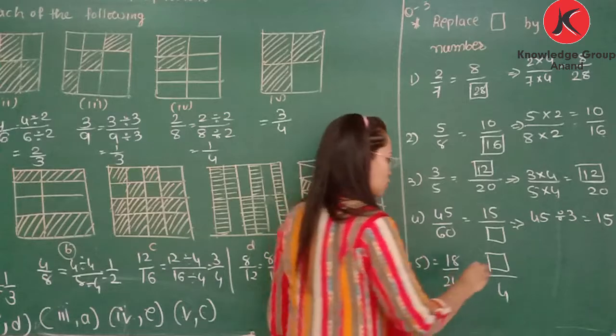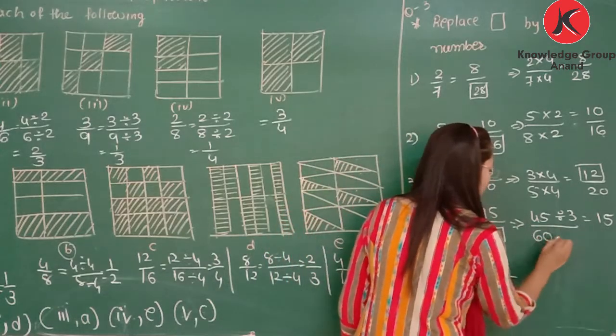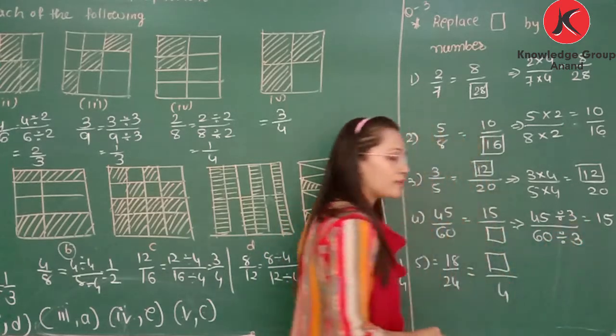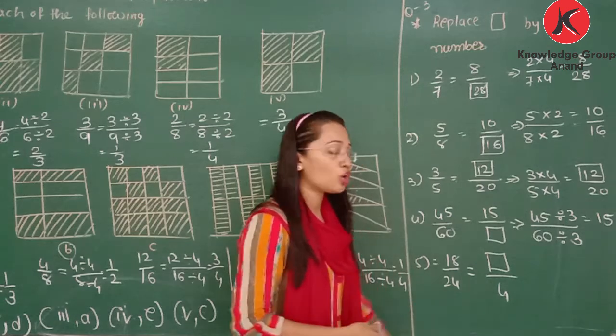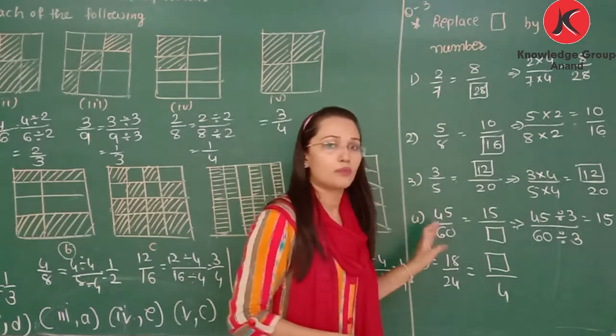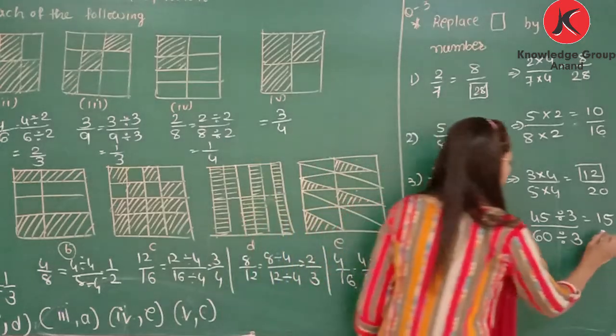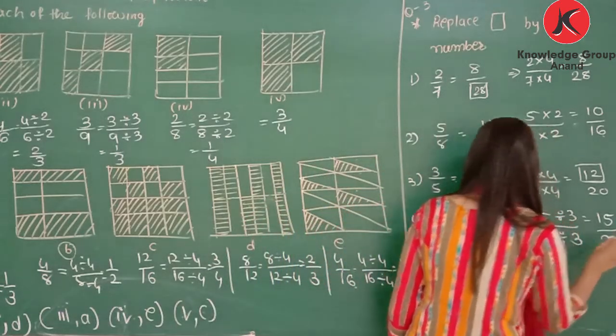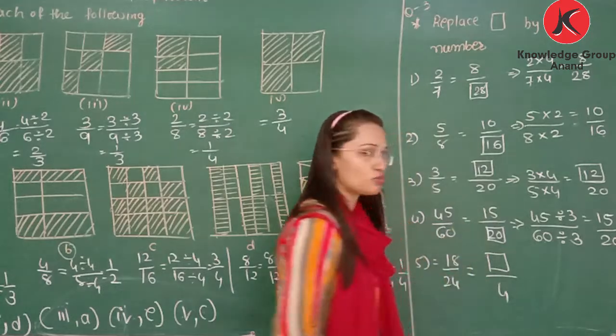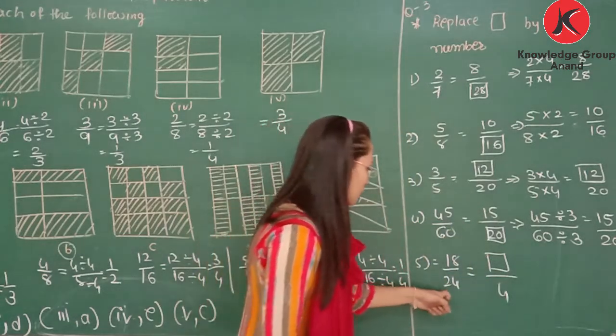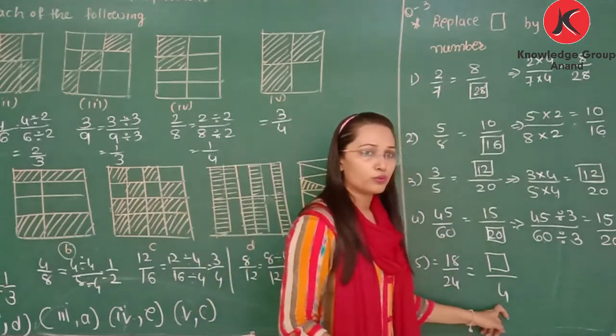So the same number we should divide in the denominator. Why? Because they are equivalent. Means whatever operation we perform in the numerator, the same operation we should perform in the denominator. So here 60 by 3 is 20. So the answer is 20.